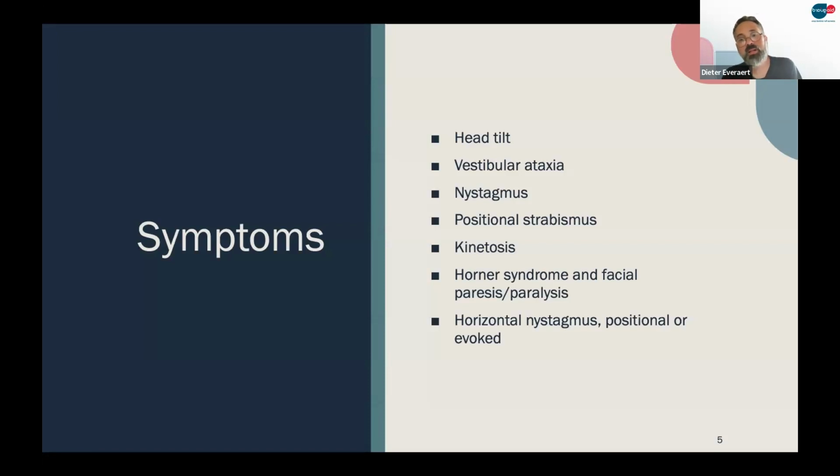On the affected side, the lip is up. Horizontal nystagmus and positional or evoked nystagmus is also quite common in peripheral vestibular disease. As you can see, there are quite a lot of symptoms combined with the head tilt quite often. So it's really scarce that it's only a head tilt.